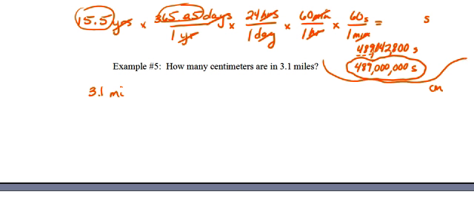Now, again, you don't necessarily have this conversion sheet in front of you, or it's not on the screen. So let me write down a couple conversions that you may or may not be familiar with. We're going to write down 1 meter equals 1.0936 yards.